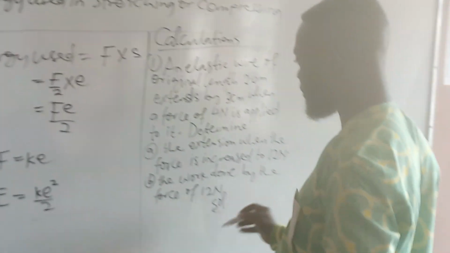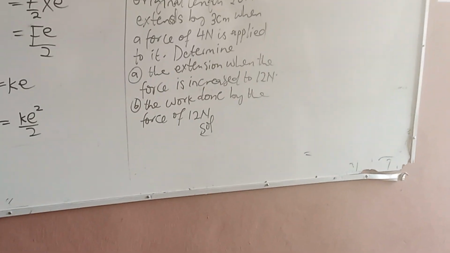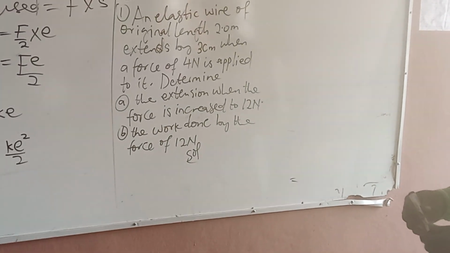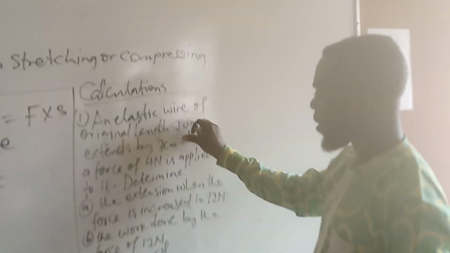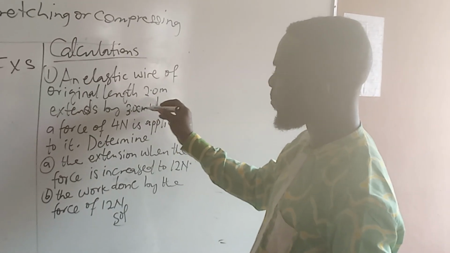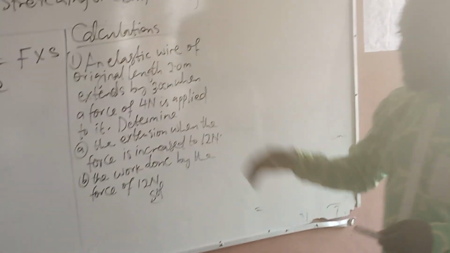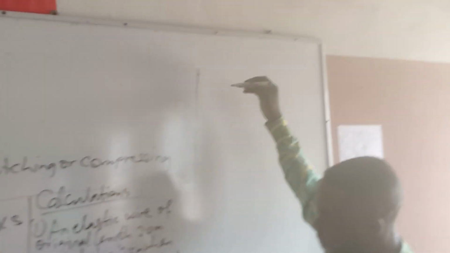Look at this. An elastic wire of original length 2.0 meter extends by 3.0 cm when a force of 4 Newton is applied. Determine the force constant. We gather the quantities given from the information here.